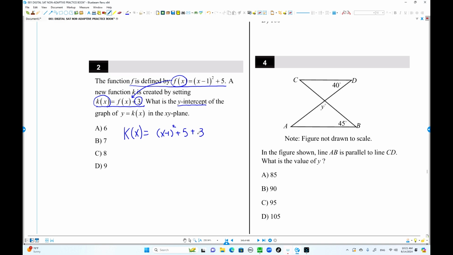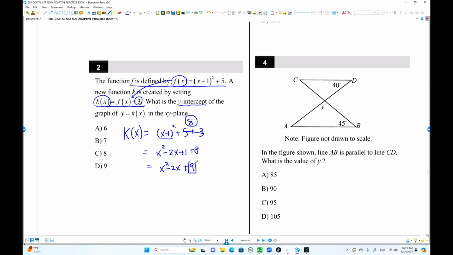Okay, from here, what is the y-intercept? This is 8. This is not the y-intercept because this is x minus 1. So you can expand: x squared minus 2x plus 1. That is (x minus 1) squared, plus another 8. So actually x squared minus 2x plus 9, right?